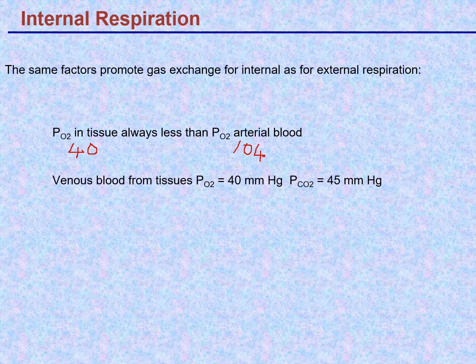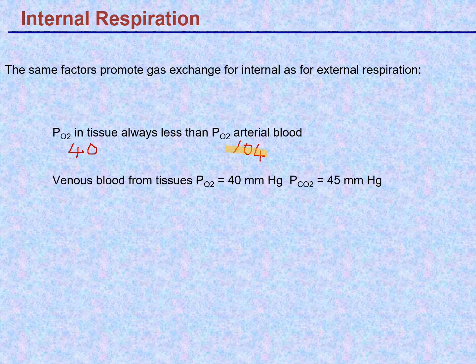Because the tissue is 40. So what happens is that the arterial blood brings in the oxygen at a PO2 of 104, and the tissues are at 40, and so you get dumping of oxygen into the tissue, and now the venous blood has the oxygen reduced down to that same level as the tissues.